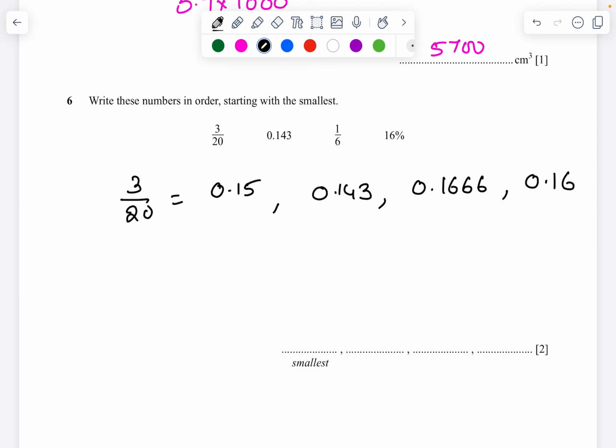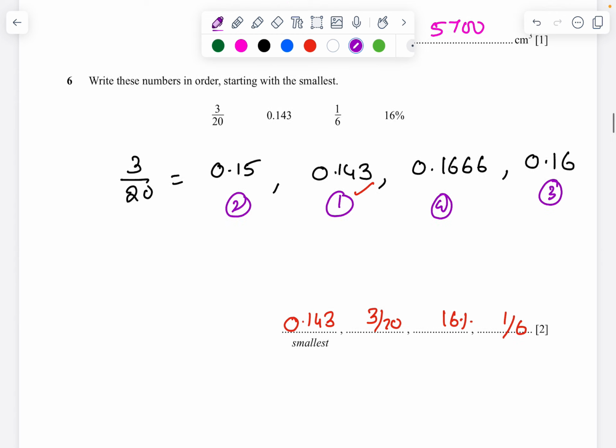So which is the smallest one? The smallest one is going to be 0.143. The next one is 0.15, which is 3 upon 20. The next one is 0.16, which is 16%. And the next one is 0.1666, which is 1 upon 6. So this is the first, then second, third, and fourth.